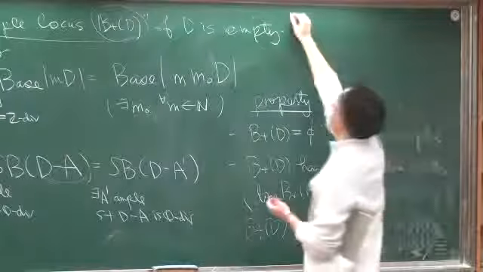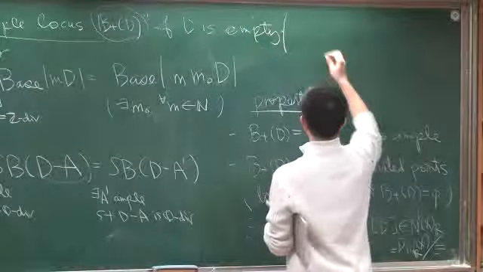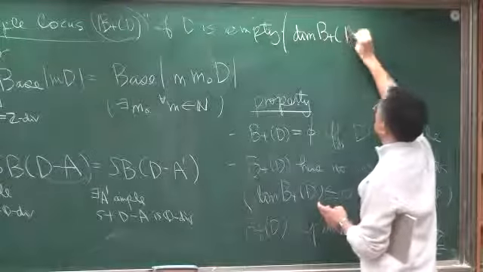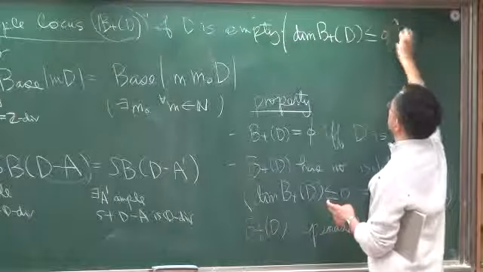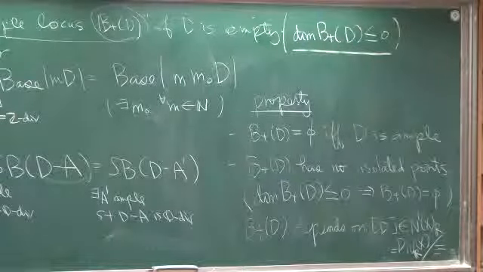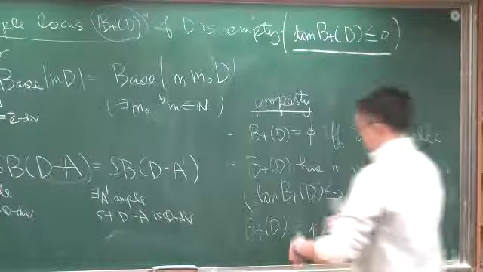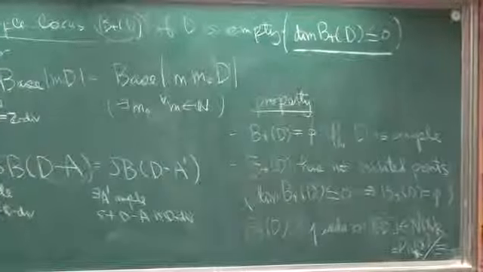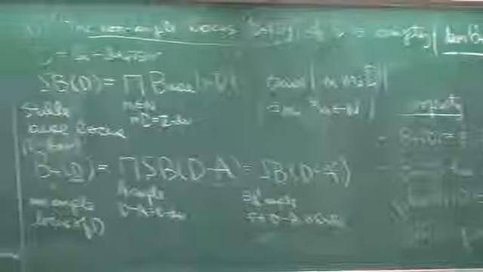So this condition is actually equivalent to dimension of B_+(D) being less than or equal to 0. Okay. So this is one condition that characterizes the ample divisors.